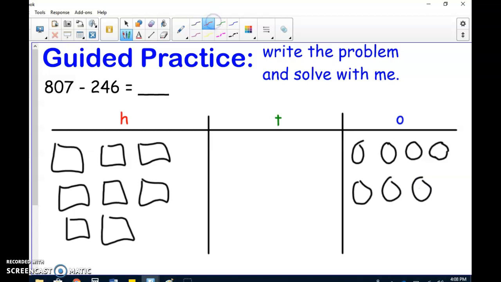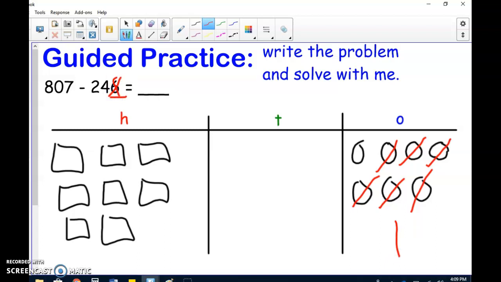Let's begin subtracting. Can I take away 6 ones? Absolutely. Let's do that. 1, 2, 3, 4, 5, 6. And how many ones am I left with? 1.